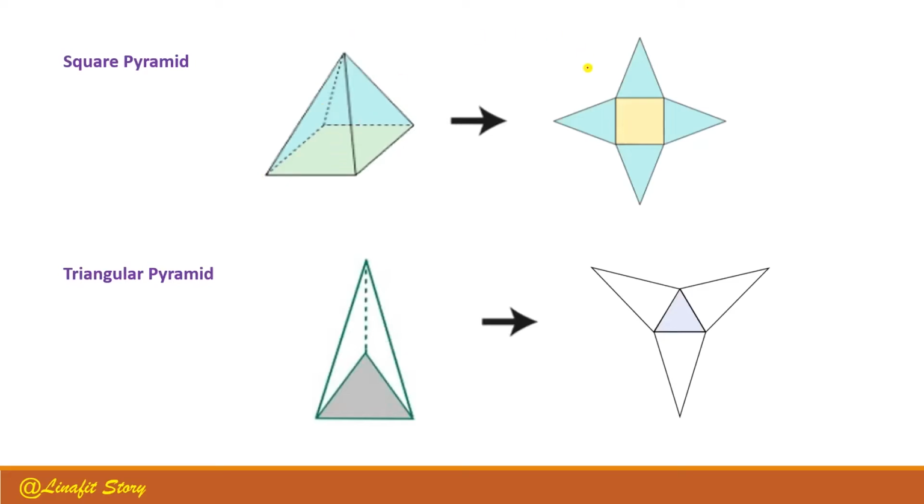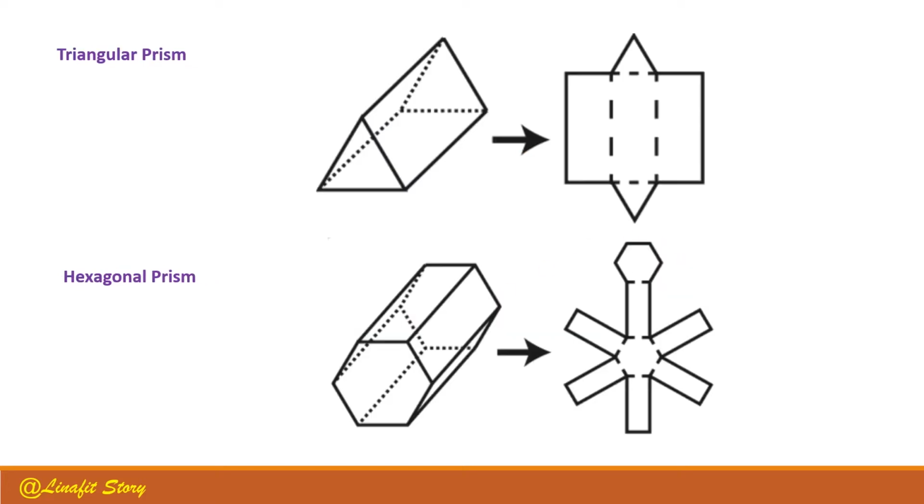Here is its net. Well, this is a triangular pyramid. There are 4 triangles. Here is its net. A triangular prism, there are 2 triangles and 3 rectangles. Here is its net. And this is a hexagonal prism with its net.